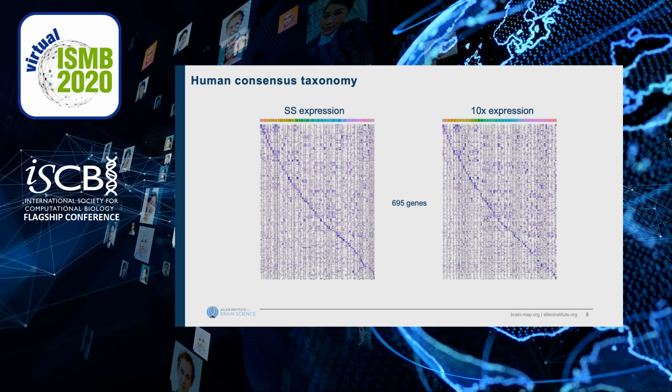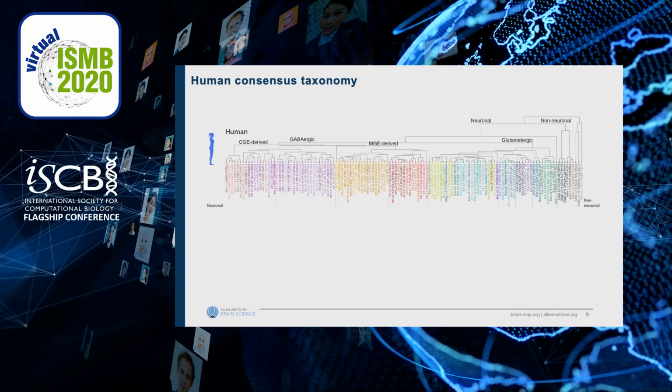I've shown you that the inhibitory neurons integrate very well, but we also performed this similar analysis for excitatory and non-neuronal classes as well. Here's the full human taxonomy across all classes that we identified. Because we have such broad coverage in the 10x data, we're able to estimate frequencies and proportions of these cell types, and they're reported here as a bar plot.